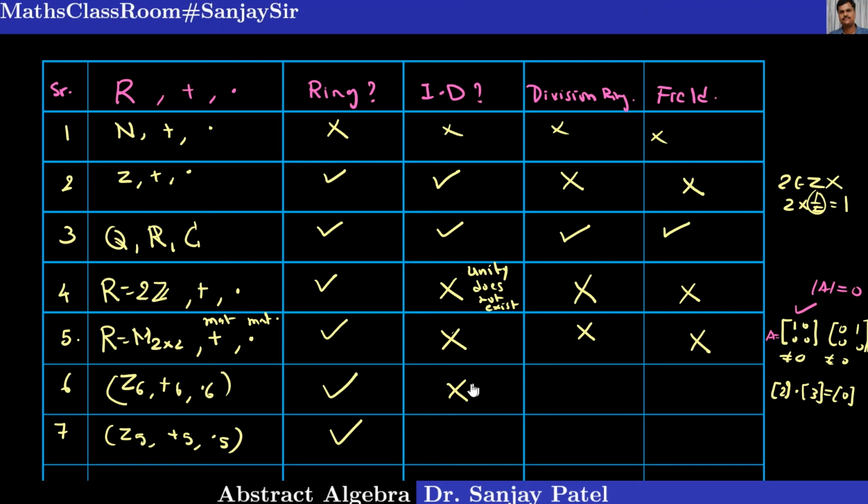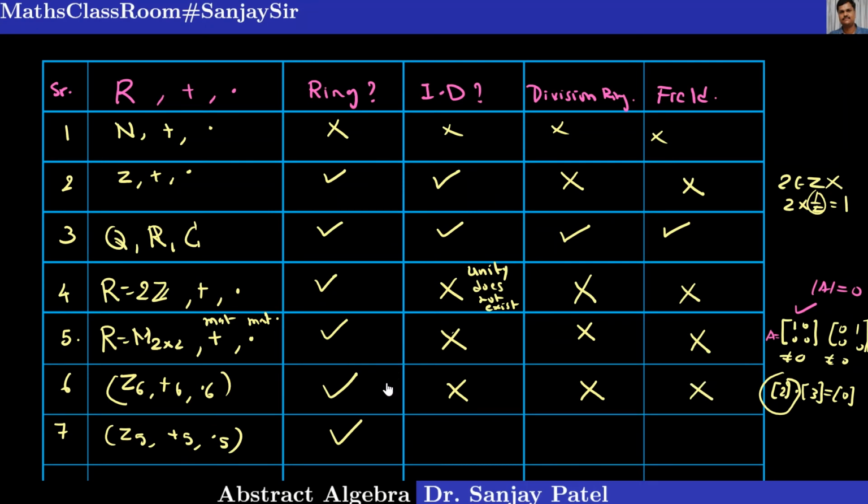Therefore, it is not an integral domain. Again, every element in Z6 does not have an inverse, so it is not a division ring either. You can verify that 2 has no inverse in Z6. In the same way, since it is not a division ring, it is not a field.